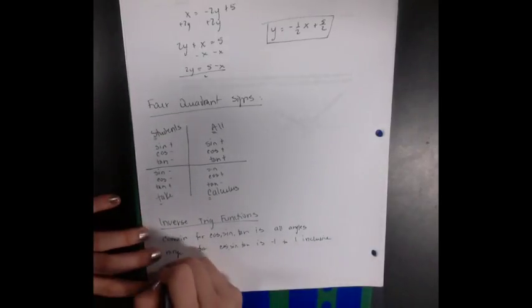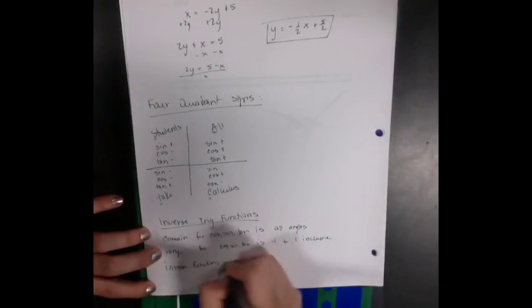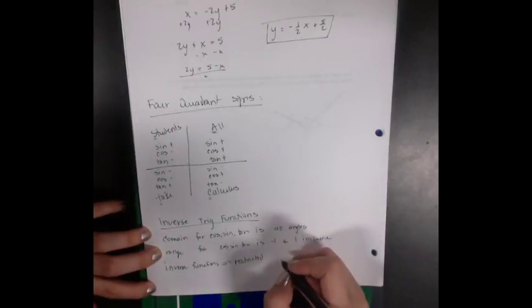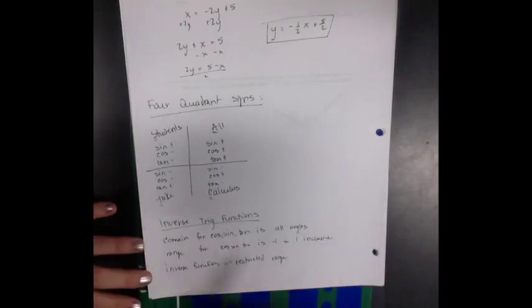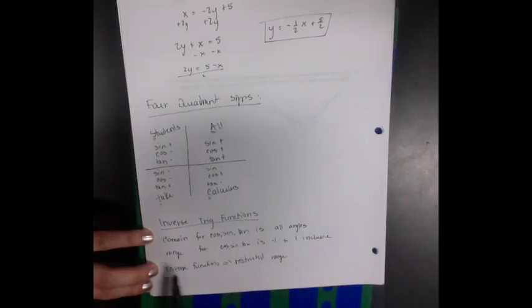When we do our inverse trig functions, we have to restrict the range. So inverse functions have a restricted range because that's what allows it to be one-to-one. We have to restrict our range and domain so that I can have an inverse function.